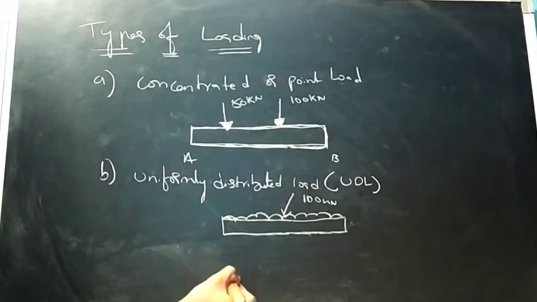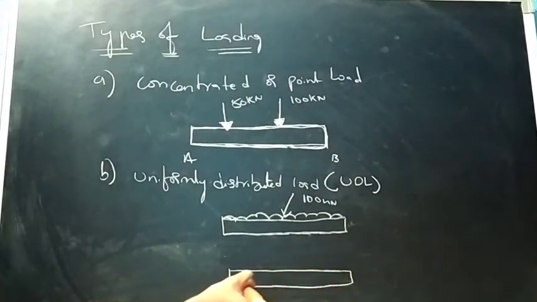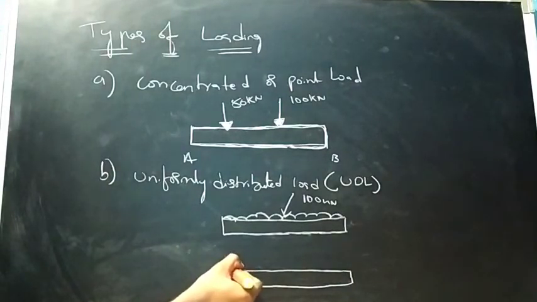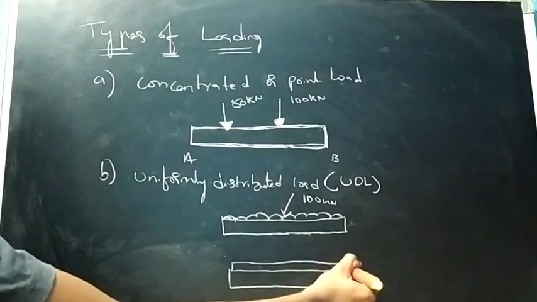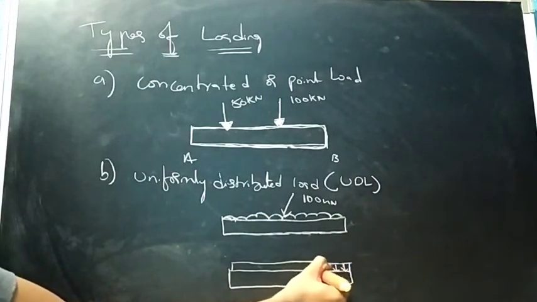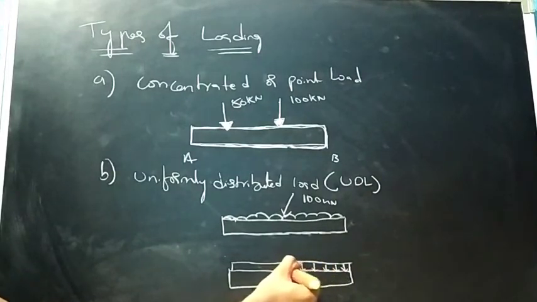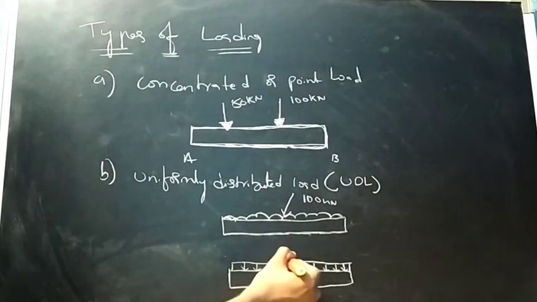In another diagram we can represent it with uniform arrows. So we call it as UDL, right?